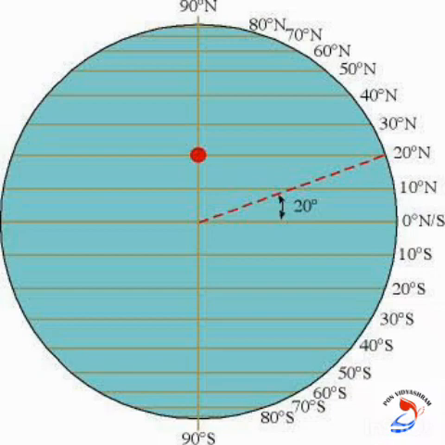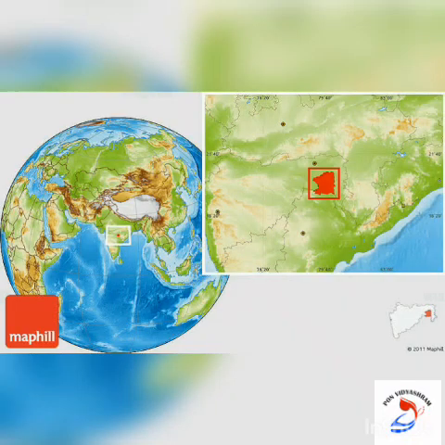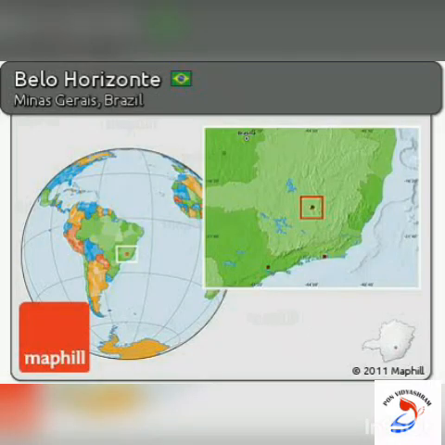But the former is 20 degrees north of the equator and the latter is 20 degrees south of it. We therefore say that Chandrapur is situated at 20 degree north latitude and Belo Horizonte is situated at 20 degree south latitude.